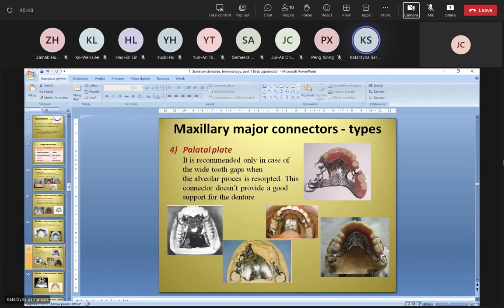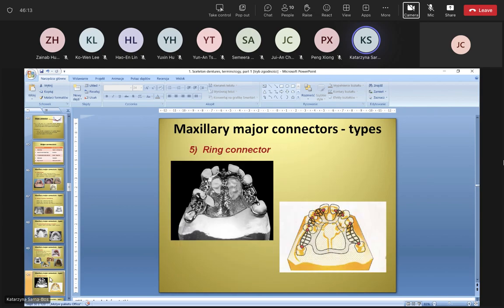And the fourth one, the palatal plate, it is recommended only in case of the wide tooth gaps when the alveolar process is resorbed. This connector doesn't provide a good support for the denture, but as you see, such kind of maxillary major connector exists, and you should know that in some cases we can use such kind of connector.